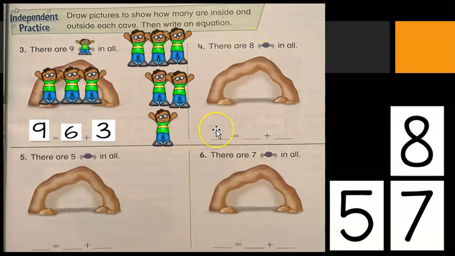You're going to put 8 here, okay? But you're going to have to determine how many are in here and how many are going to be on the outside. But they both have to equal 8. Make sure you put your numbers here, okay? And then you move on here to number 5 and finish up number 6, okay? Remember, do not leave out your addition equation.